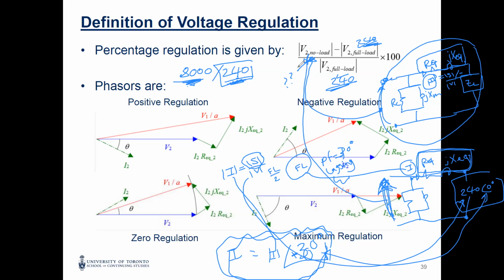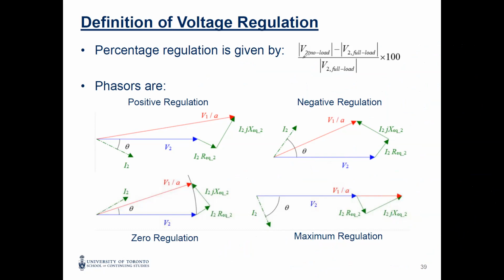However, we don't yet understand what the voltage regulation is. The voltage regulation is this: you have a transformer. When you put your load, you want the voltage to be, let's say, 240. If you remove your load, you will see the no load voltage.